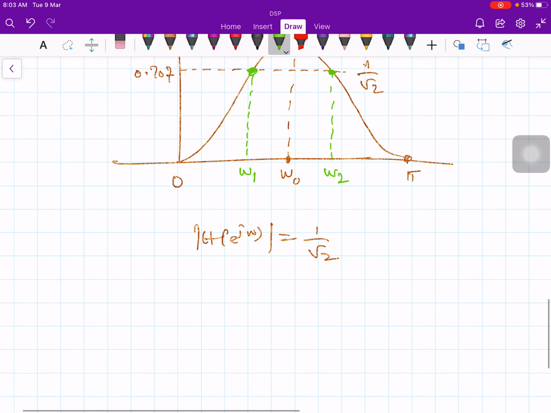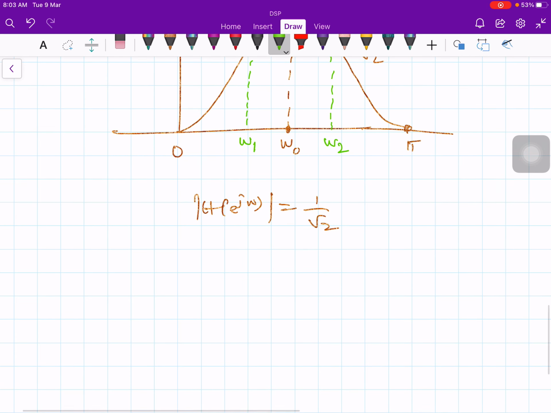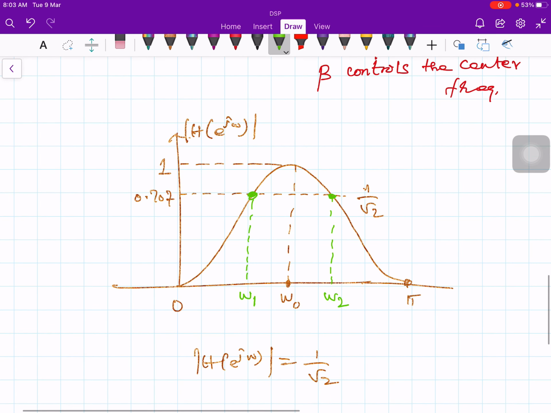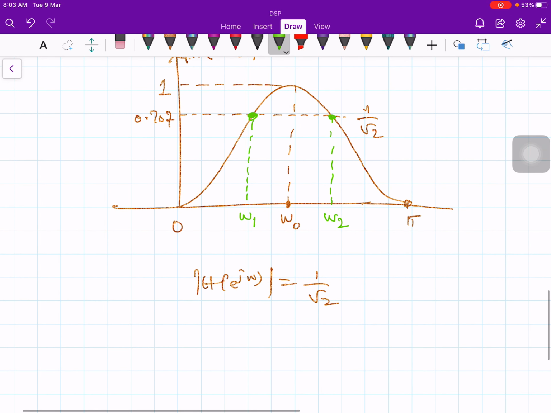Okay, so then first we can show that cos omega naught is equal to beta. Cos of omega naught is equal to beta, that is the center frequency, and at omega naught the maximum occurs, and the maximum value is how much? 1.